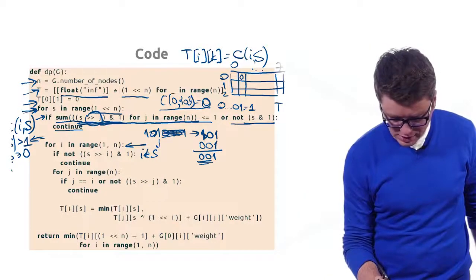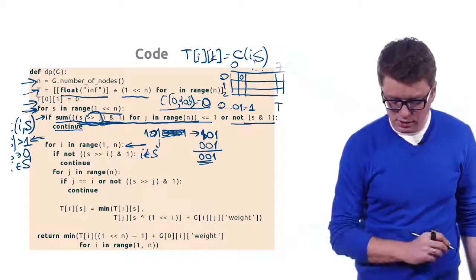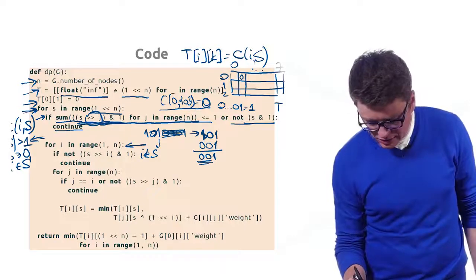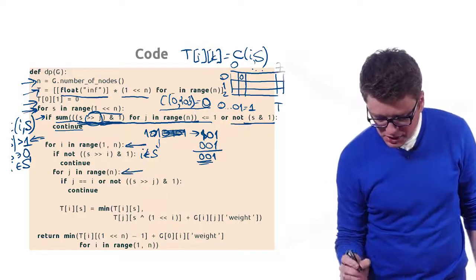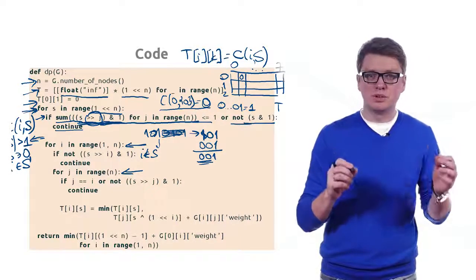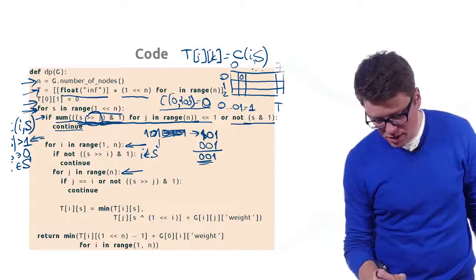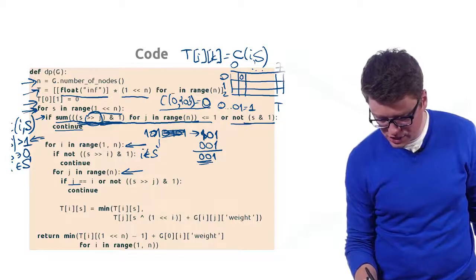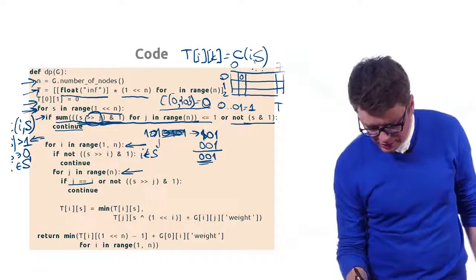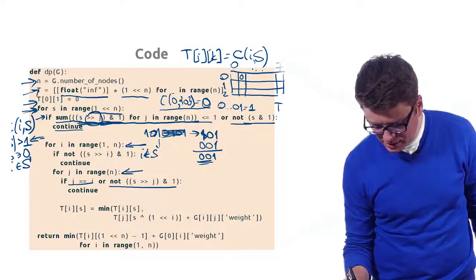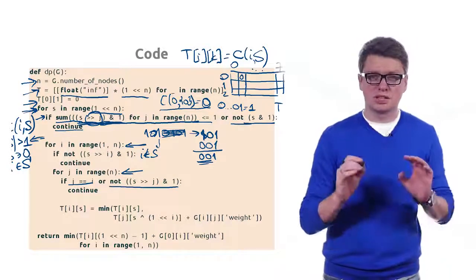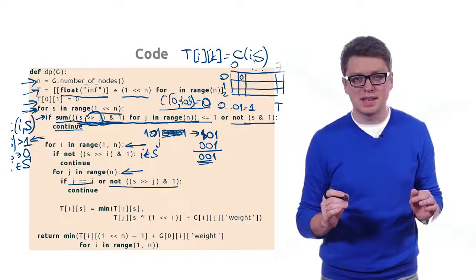Recall that i should belong to S. Then we start another for loop. So here j ranges from 0 to n minus 1. And again we check. So we do not need to do anything if j is equal to i, or if j is not present in S, right? So we just continue the for loop in this case.